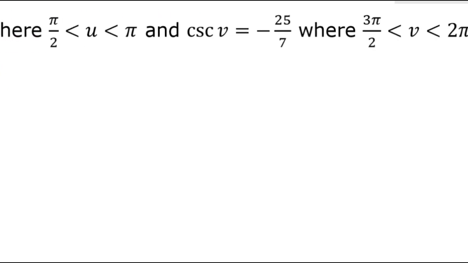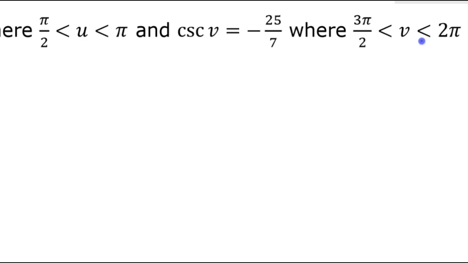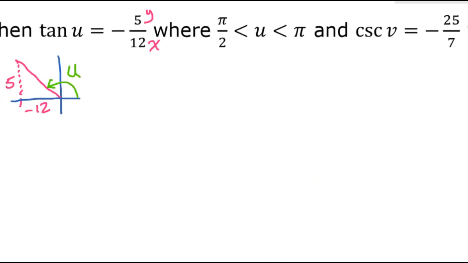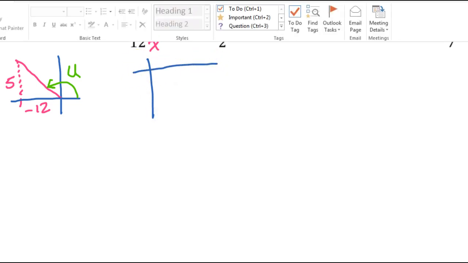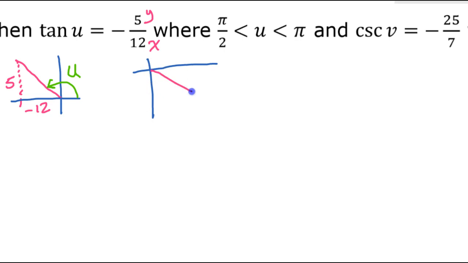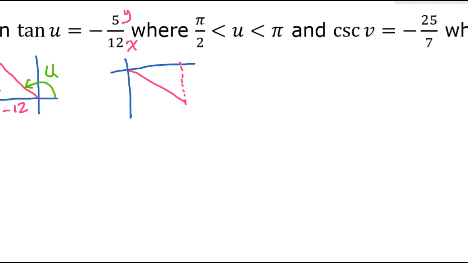The next problem, angle V is between 3 pi over 2 and 2 pi. So that is in the fourth quadrant. I'm going to try to get these sort of next to each other. So I'm going to draw this diagram in the fourth quadrant, like this. Now I'm noticing that this is cosecant.